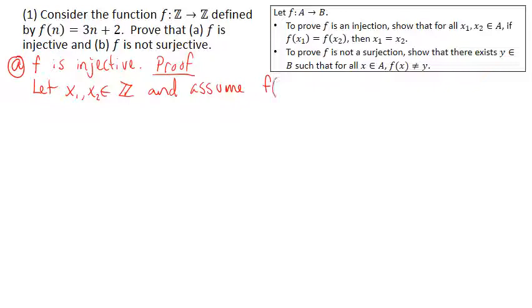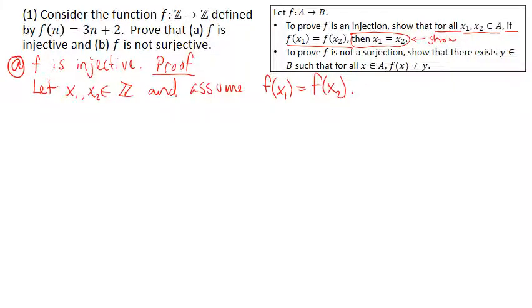So I'm going to assume that f of x1 equals f of x2. What I've done so far is I just replaced the for all with let, and then I copied that. Instead of saying if, I'm going to assume this if part here. And now this is the part that I want to show. So I'm going to try to show that.